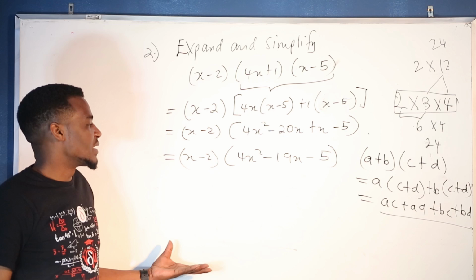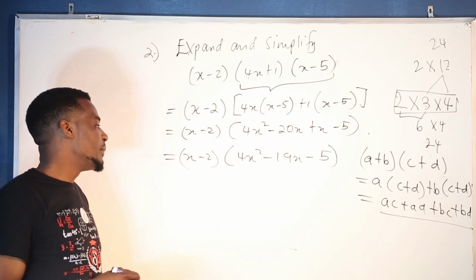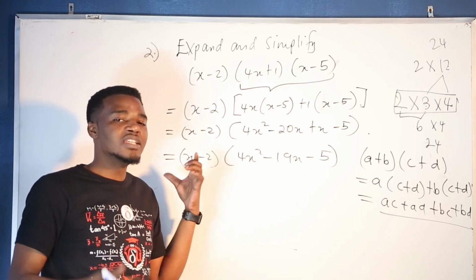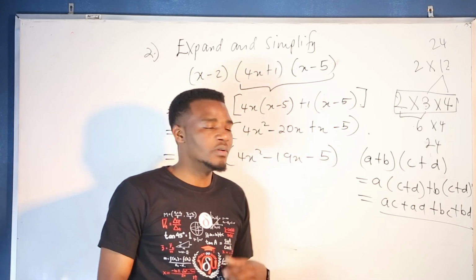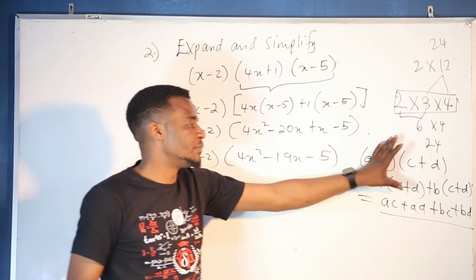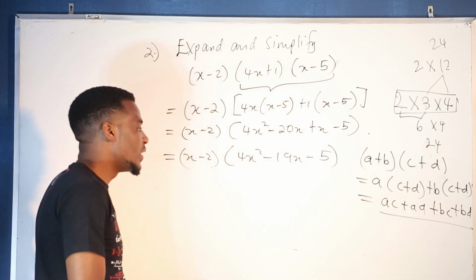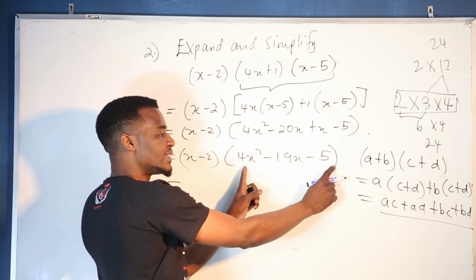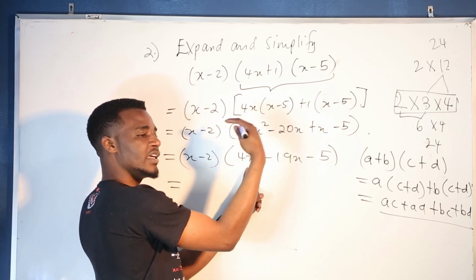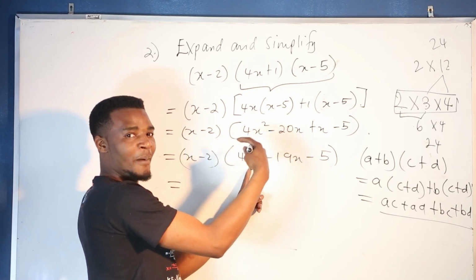This is quite interesting. We now reach a point whereby we have an expression that is multiplying another expression, a binomial multiplying a trinomial. We still have to go back to the principle of removing double brackets. All you need to do is to multiply the second expression by each and every term in the first bracket.